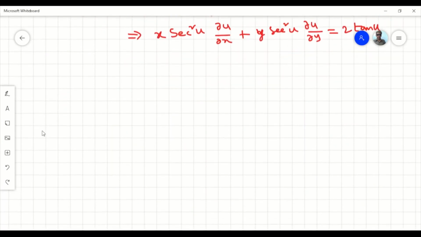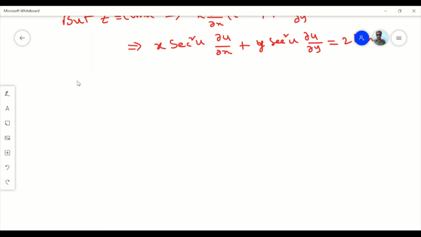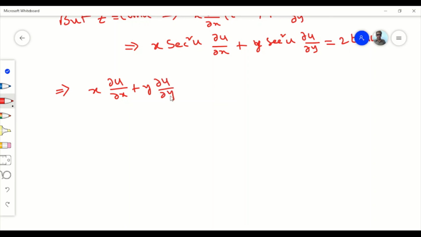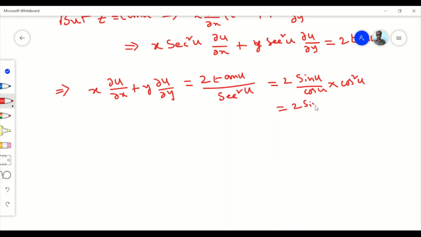Now dividing both sides by secant square u, what you will get? x dou u by dou x plus y dou u by dou y equal to 2 tan u by secant square u, which is 2 sin u by cos u into cos square u. 1 by secant square u is cos square u, which is 2 sin u cos u, which is sin 2u, the required answer.